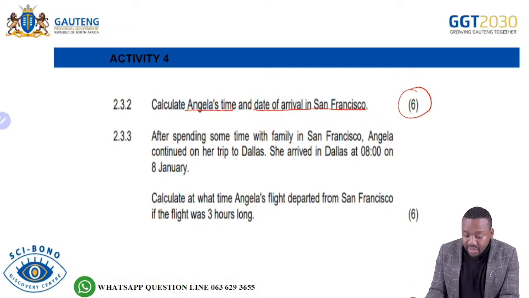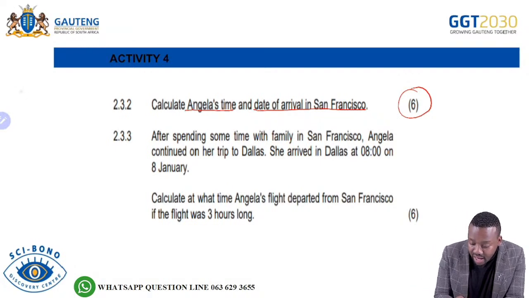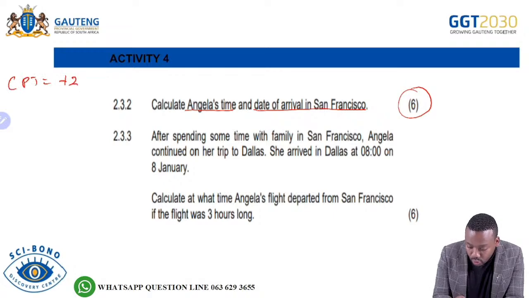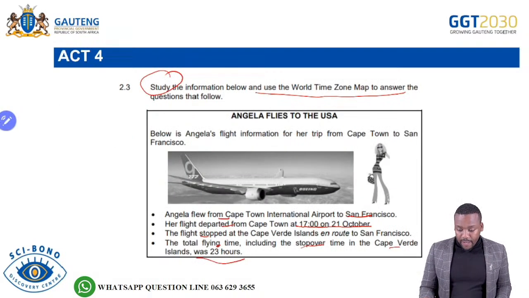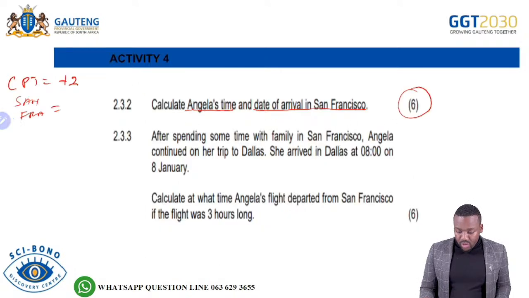Step 1, identify the time zones. Cape Town is on +2, right? Then San Francisco, let's go to the map and try to find it. Somewhere in the US.